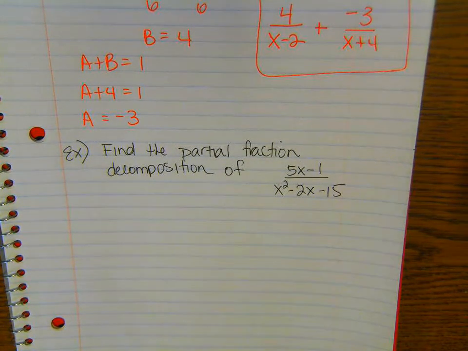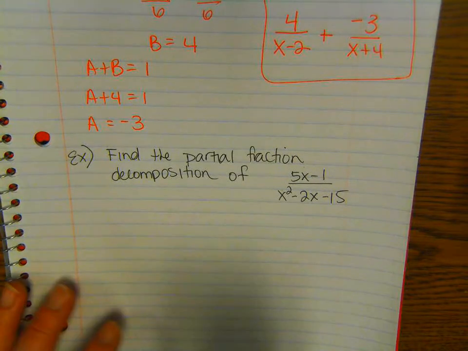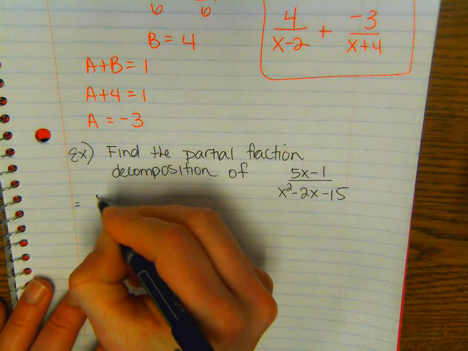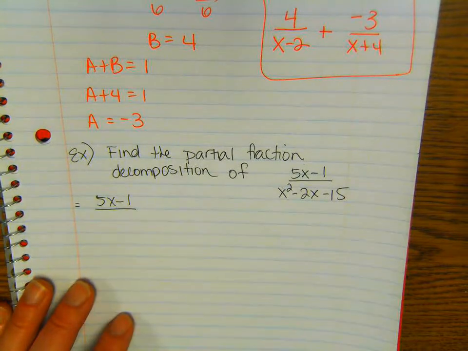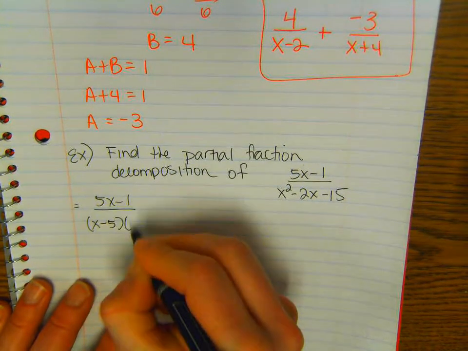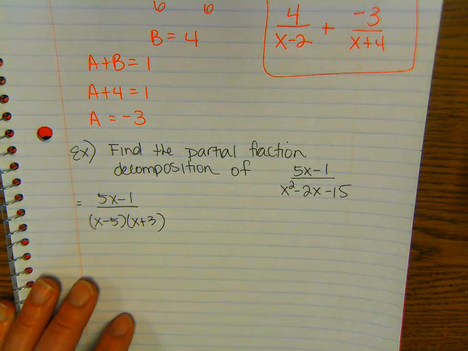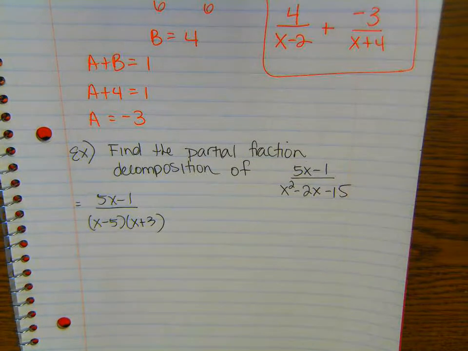All right, first, if I have 5x minus 1 over x squared minus 2x minus 15, let's factor the denominator. Let's see, that would be x minus 5 times x plus 3, correct? So, write two fractions for me then.